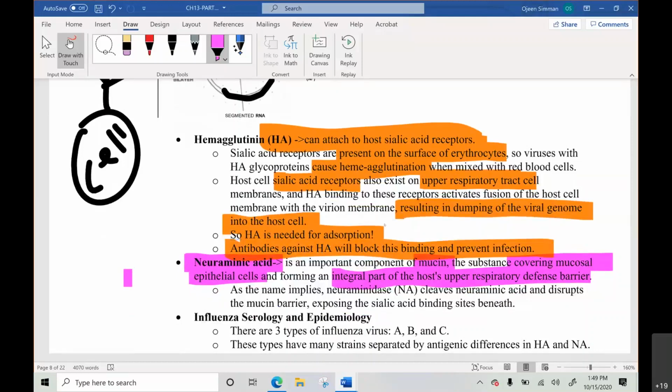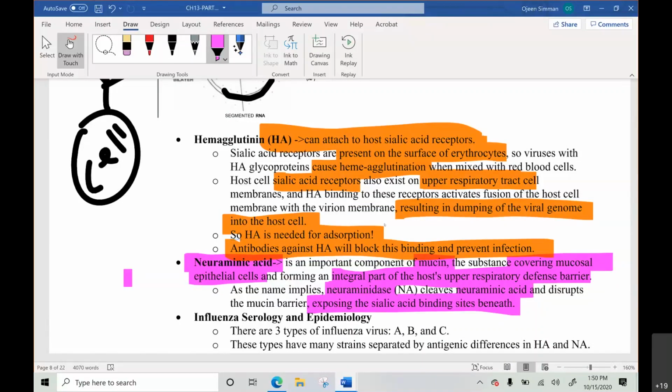So neuraminidase is an enzyme. What it does is cleave the neuraminic acid and thereby disrupt the mucin barrier. When it disrupts it, it will expose the sialic acid receptors that are lying underneath the mucus barrier.